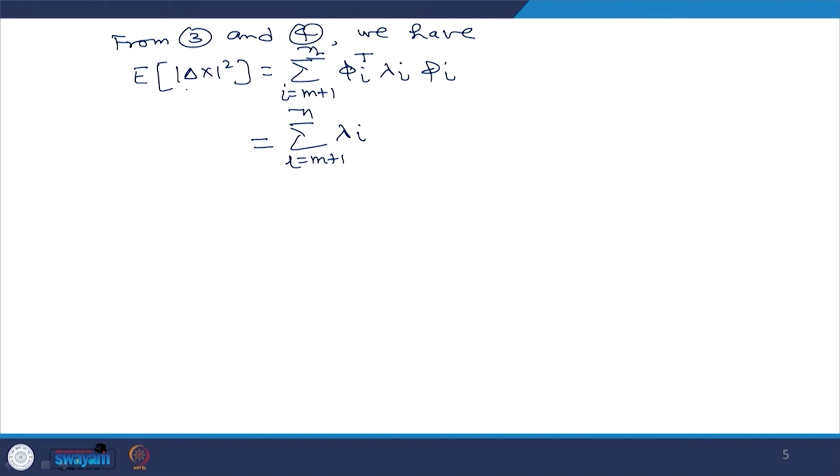So, now the mean square of the representation error is the sum of the eigenvalues.